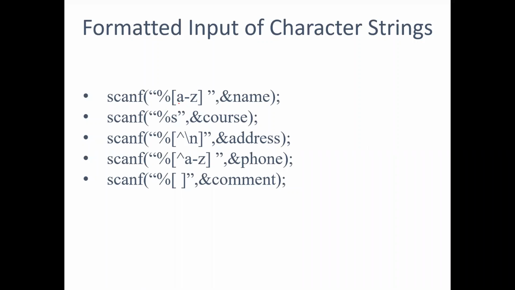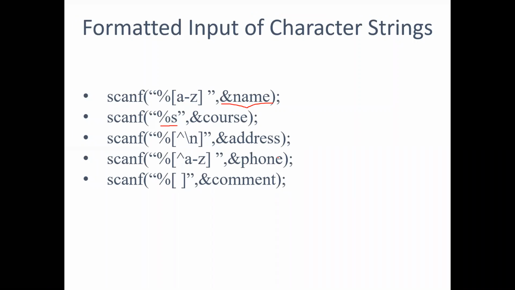So you give percentage, square bracket, A to Z, followed by the address of the location where the name has to be saved. Now, if you want to accept a course without any space, we just give BCA, without B space C space A. So if you are just entering BCA, you need not bother about space. So we are just giving percentage s as usual.